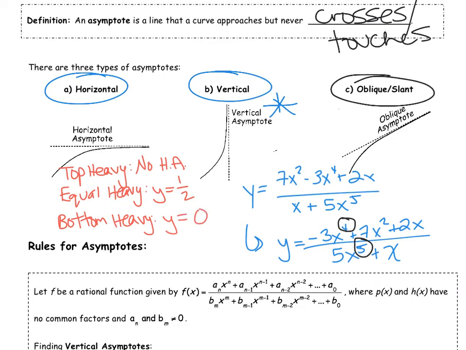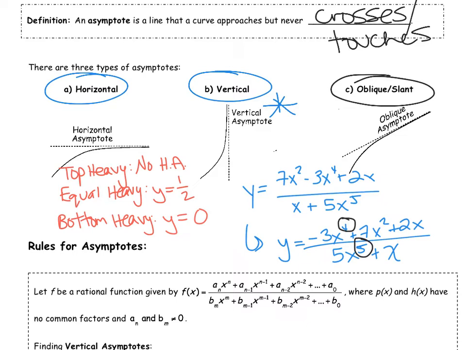Okay, so again, just a little recap. This is something you do need to be familiar with as we do more practice with this. All right, so here's your recap. When it's top heavy, meaning the highest degree in the numerator is bigger than the degree in the denominator, there's no horizontal asymptote.